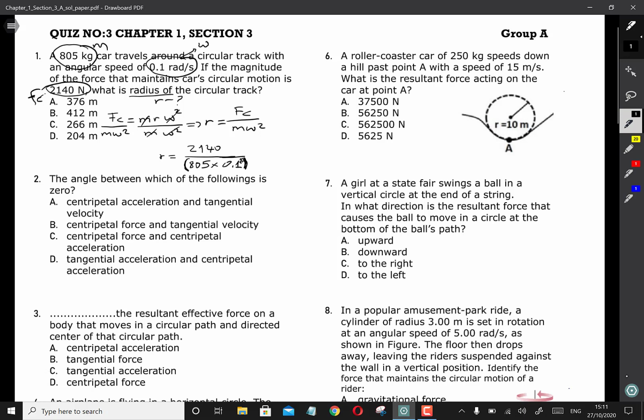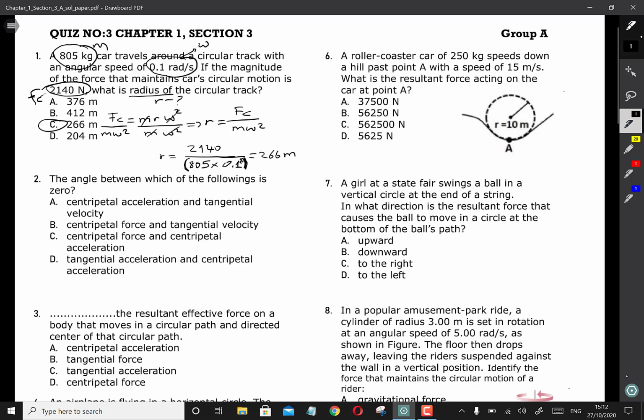Let's do it. 2,140 divided by bracket 805 multiplied by 0.1 squared, close the bracket, equals 266. Yeah, 266 meters. So choice C is the answer.